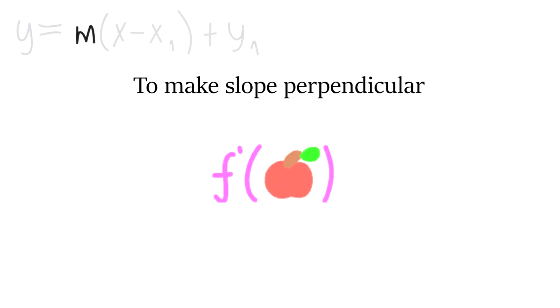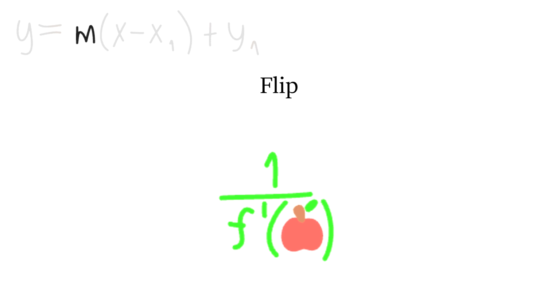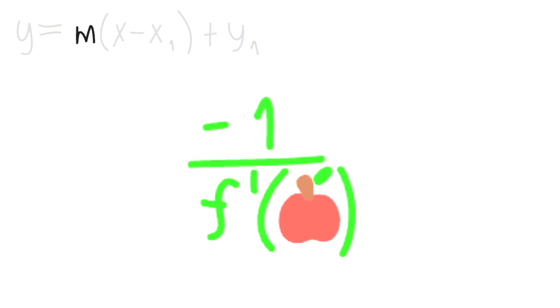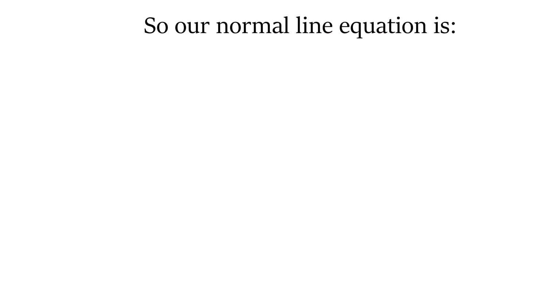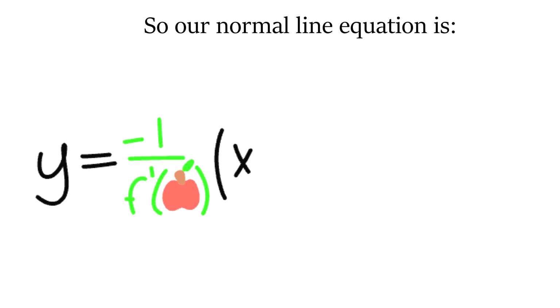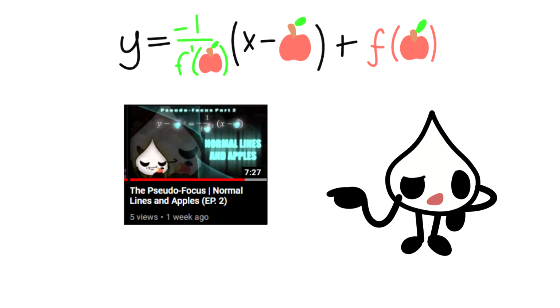So to make the slope perpendicular, we do 1 over, flip, and slap a minus. -1 over f prime apple. Thus is our slope m. So we now have y equals -1 over f prime apple times (x minus apple) plus f of apple. Okay, that's the generalized part 2 segment.